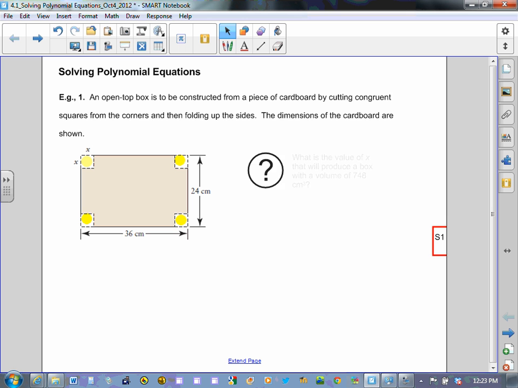So here's the question that I'd like to pose. What is the value of x that will give us a box with a specific volume, a specific capacity, specifically 748 centimeters cubed?